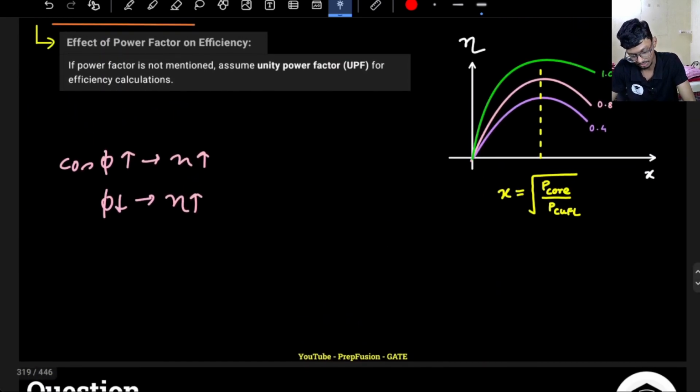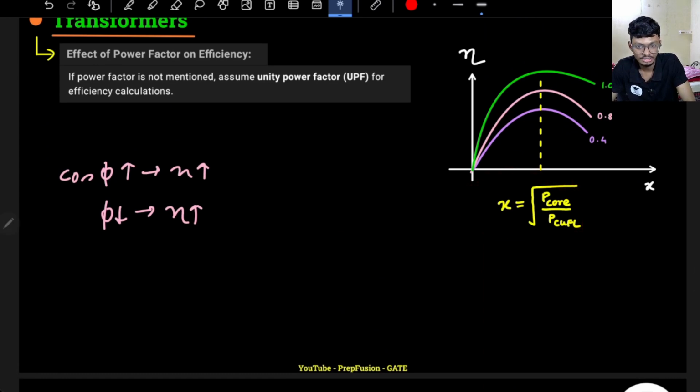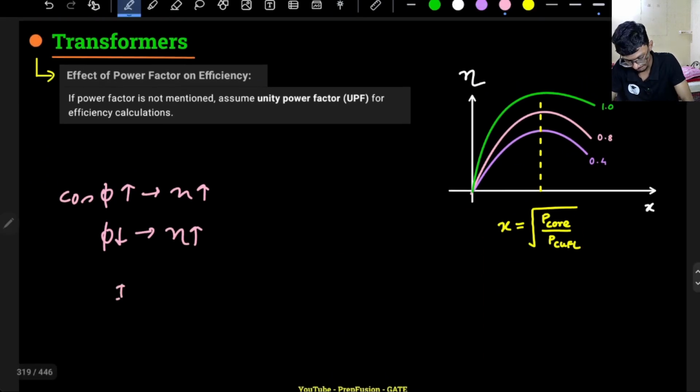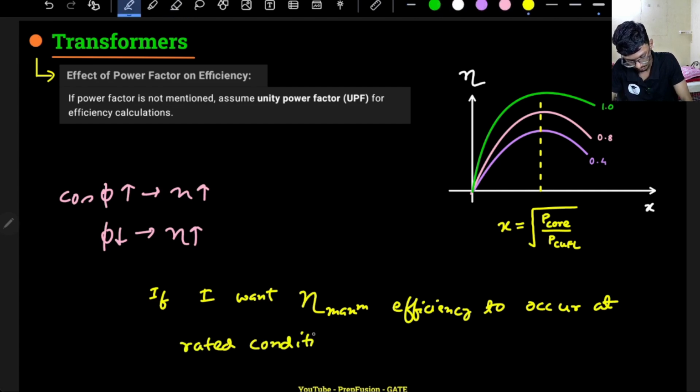So if I want my maximum efficiency to occur at rated condition, then basically it means I want it at rated, so it is full load.